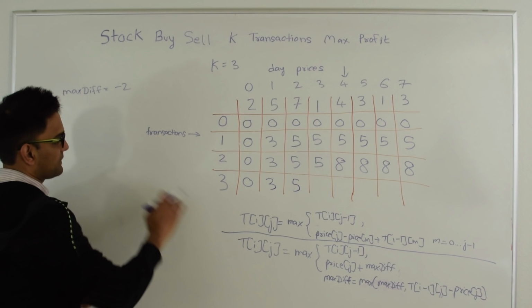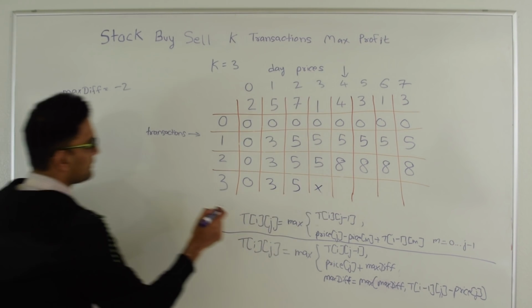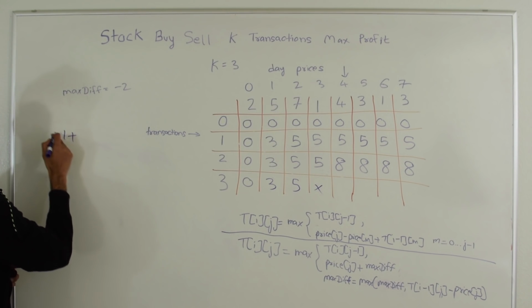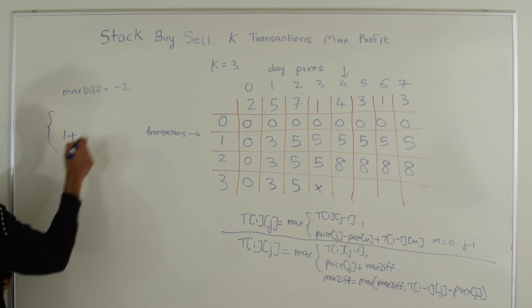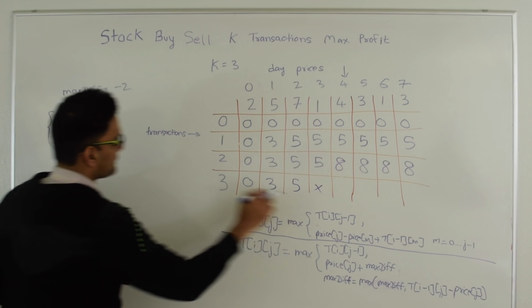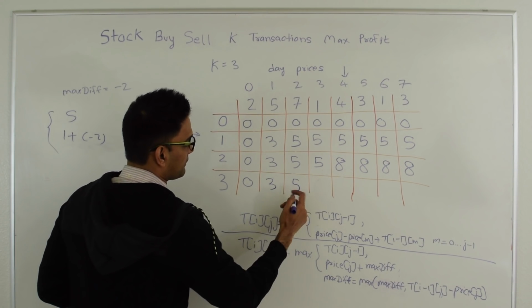So max diff stays the same. Again, we are going to come to this cell. To fill up this cell, we are going to say price at day 3, so 1 plus max diff, so minus 2, or not transacting at all on this day, so that value is 5. So this value becomes 5, which is the value from the left.